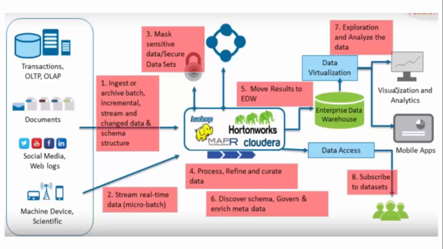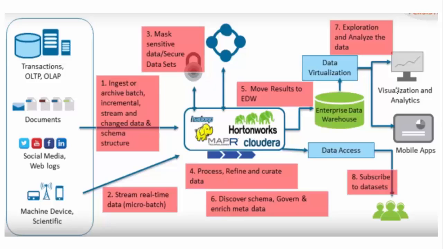The fourth step is processing, refining, and curating of data. In this step, the actual processing of the data happens. Processing such as ETL commands and all those processing techniques like joins and aggregations which we saw earlier happens here. Next, the fifth step of the workflow of the data lake is moving the results to the EDW, which is the Enterprise Data Warehouse.